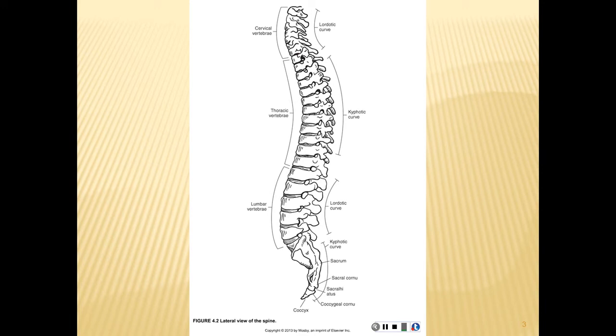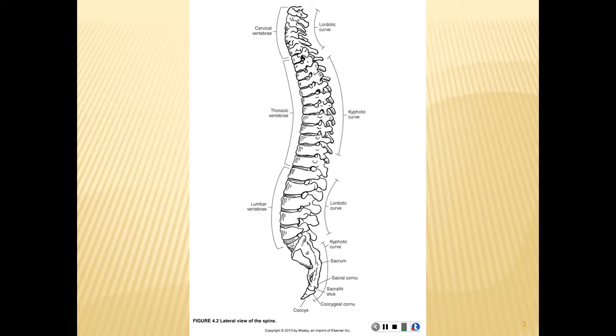When the superior and inferior notches of adjacent vertebrae meet, they form intervertebral foramina. Four articular processes, two superior and two inferior, arise from the junctions of the pedicles and laminae to articulate with adjacent vertebrae and form the zygapophyseal joints or facet joints.